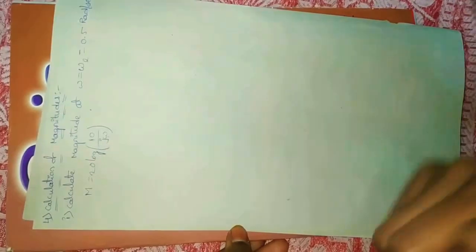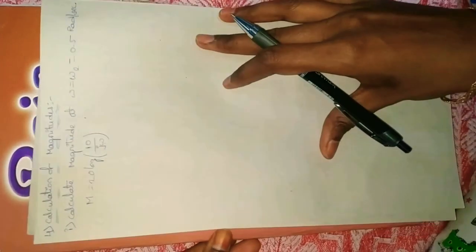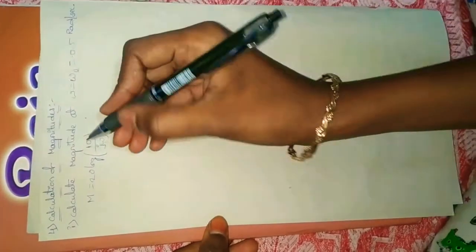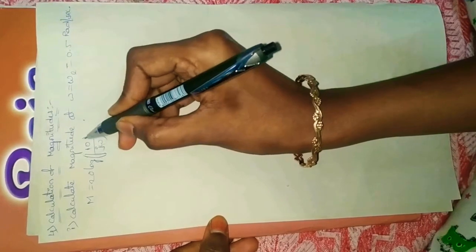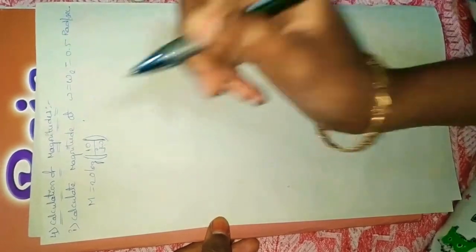This is your integral factor. You need to consider that only, because the magnitude is offered by the integral term or constant term only. The remaining terms won't provide the magnitude. So 20 log of 10 divided by j omega, in modulus.